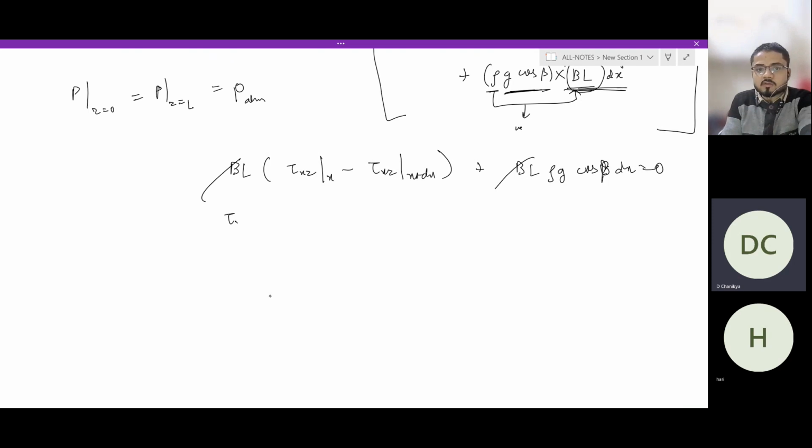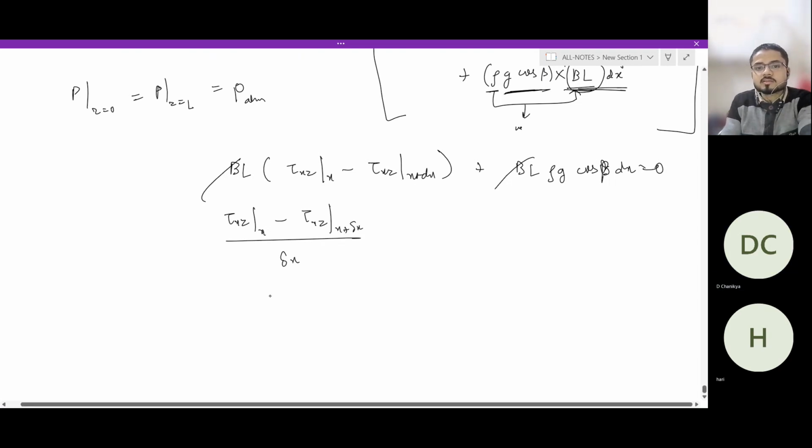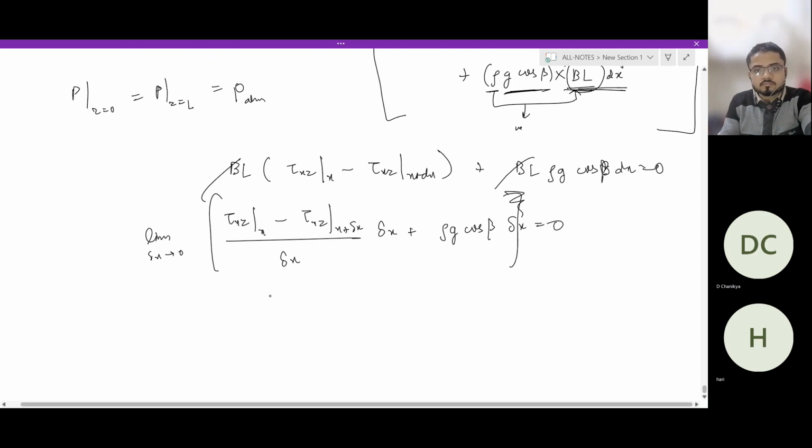For a moment, assume that we can write this as tau xz at x minus tau xz at x plus delta x, divided by delta x and multiplied by delta x, plus rho g cos beta delta x. You have the limit delta x tends to 0. Can you write this entire expression like this? Yes.